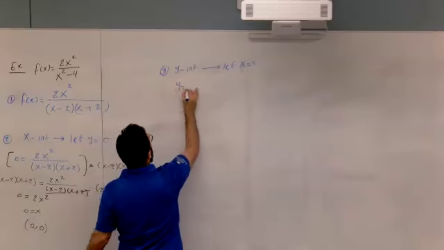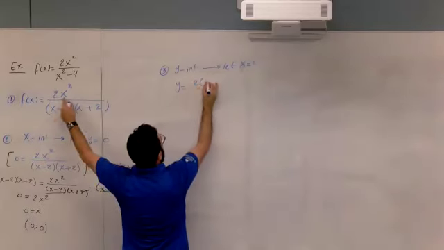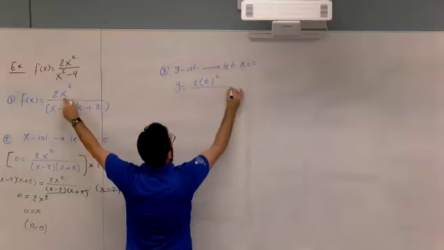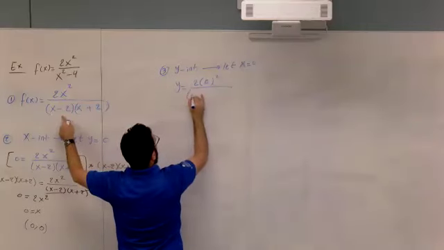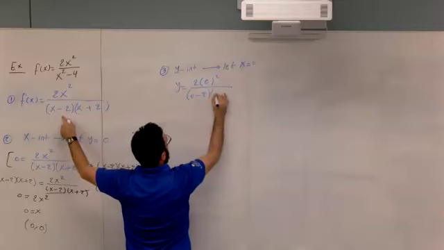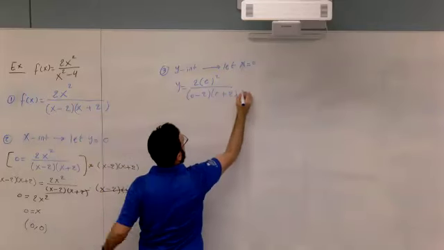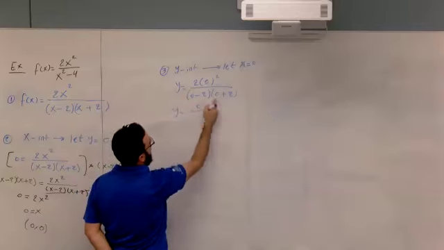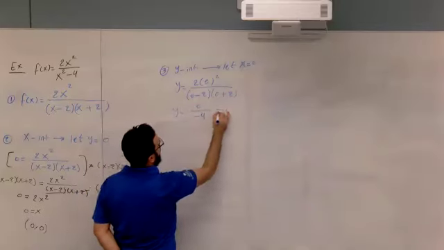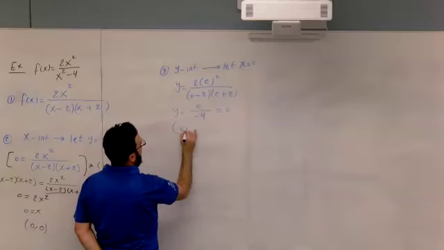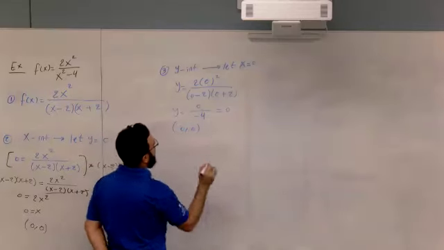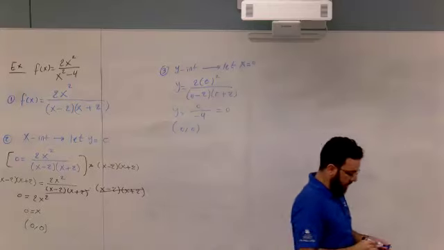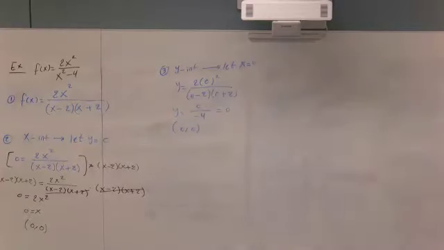That means y is going to be equal to 2 times 0 squared over 0 minus 2, 0 plus 2, which is 0 divided by -4, which is equal to 0. Is that okay?